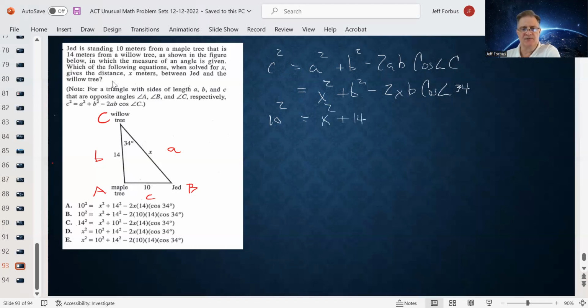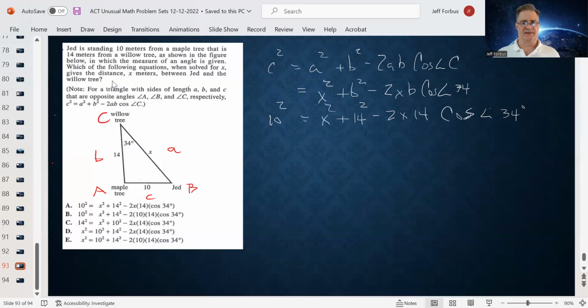So we're going to substitute 14 in there. And that's 14 squared. Now B again is 14. This is going to be the cosine of angle 34 degrees.